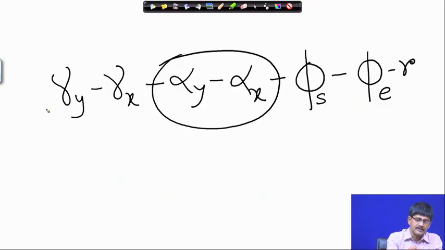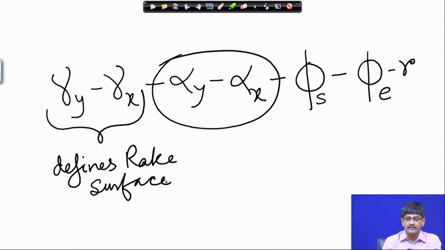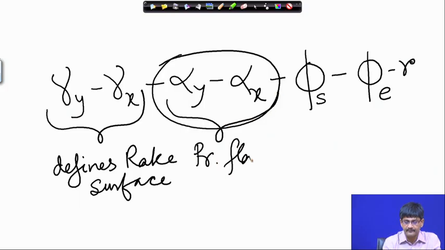Problem is this: if I define gamma y and gamma x, it defines the rake surface position in space. Rake surface becomes invariant. If I define alpha y, alpha x, the principal flank becomes invariant, that is, its position and orientation is fixed.